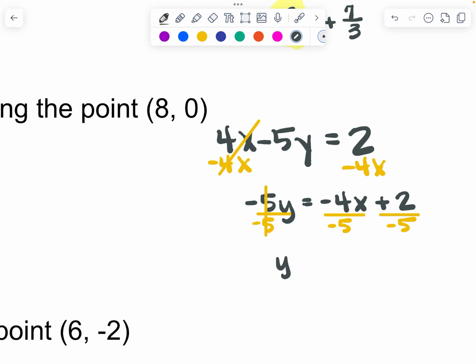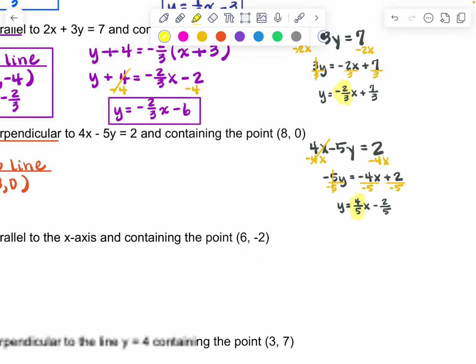All right, so we want to make sure we're getting all the signs straight. Now, 4 divided by 5, I can't do anything with that, but I can simplify the negative divided by the negative, which is positive 4/5 x, and then that's going to give me minus 2/5 over there, which again, I don't really care about the y-intercept at all. My only concern is the fact that his slope is positive 4/5.